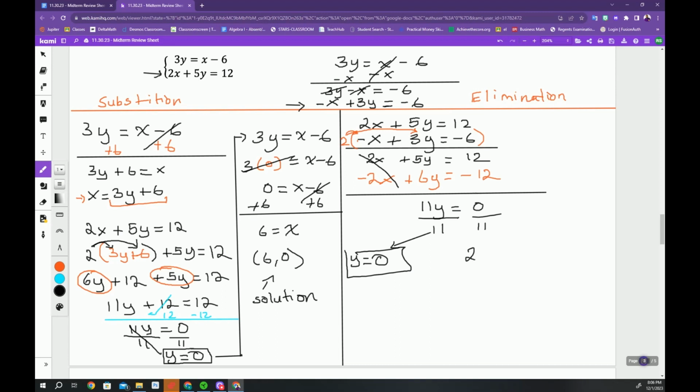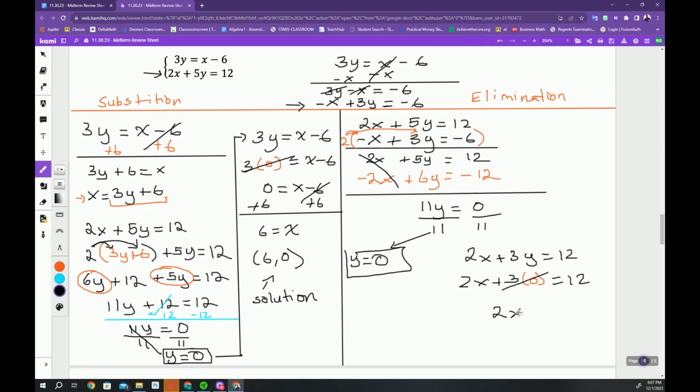If I plug into 2x plus 3y equals 12, and we know that y is 0, let's see what happens if we try to find x. 2x plus 3 times y, but instead of y, 3 times 0. We're going to plug that in, equals 12. Well, 3 times 0 cancels out, that's your 0.